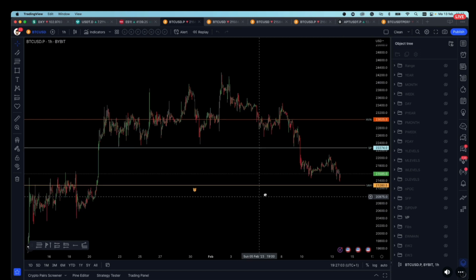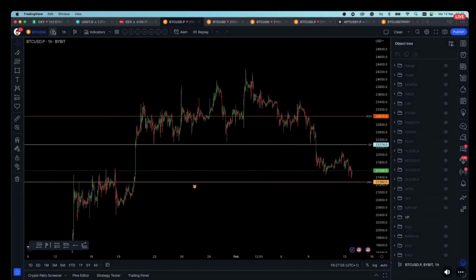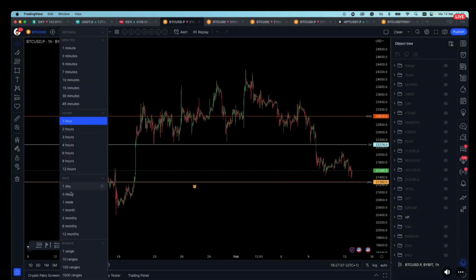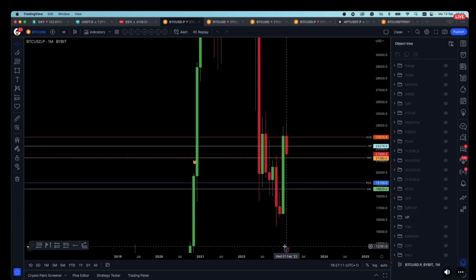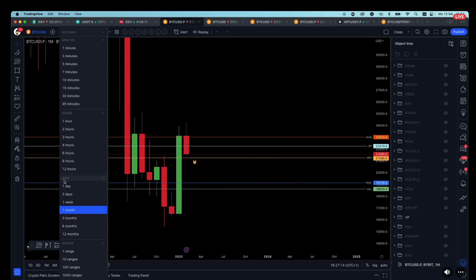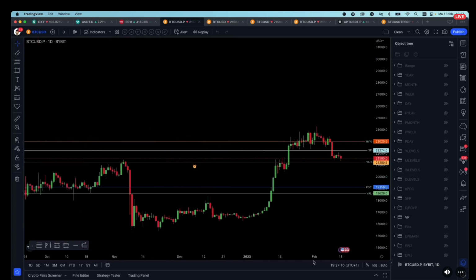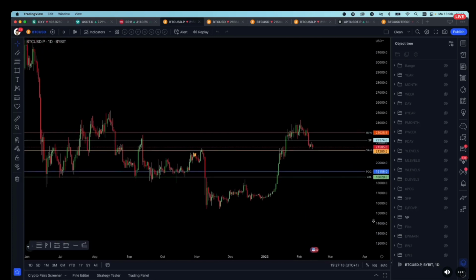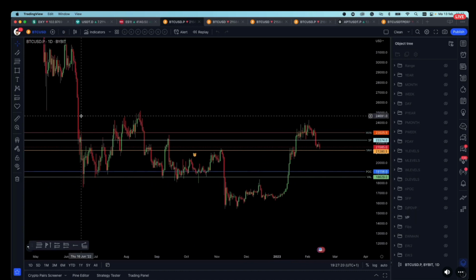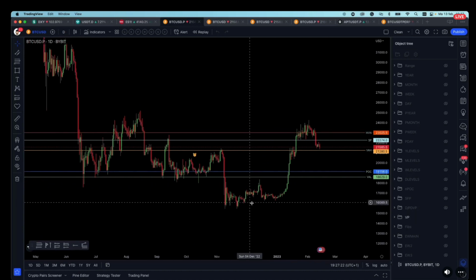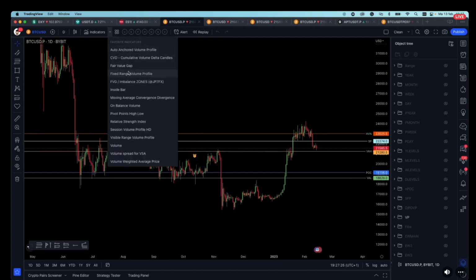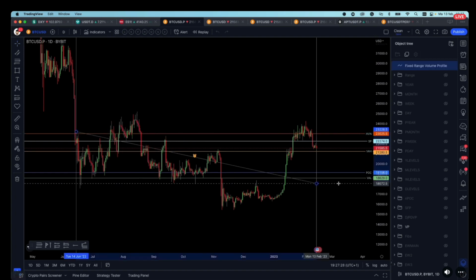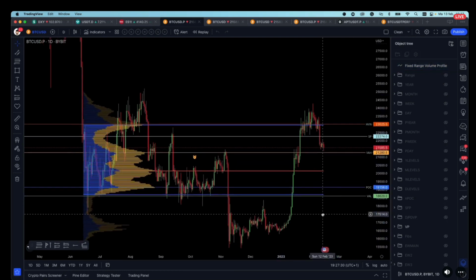Volume profile of the range. Let's just say that this is currently the range, the top of the range here, the bottom of the range. What you can do to find your volume profile levels is basically by doing this.